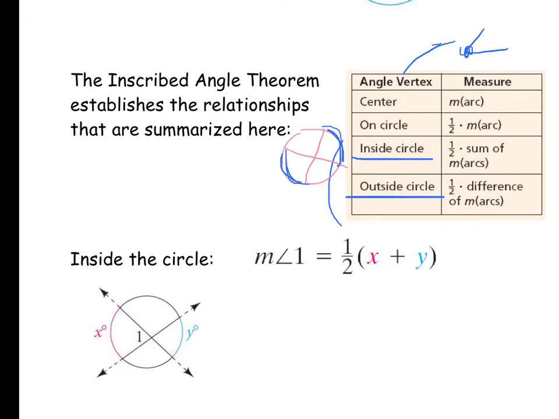The reverse is true if they crisscross outside of the circle. So if you have a situation that looks like this, and you might have it out here like that, in that case, you're going to take the difference of the two arcs, that arc and that arc, and then you'll divide by 2. So inside the circle, we broke it up with the picture down here.